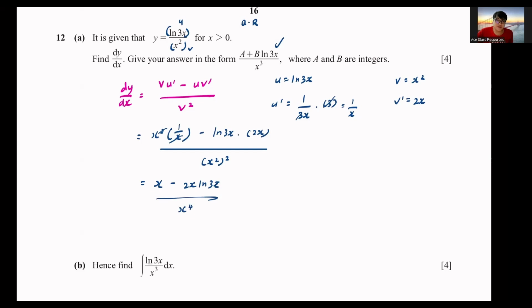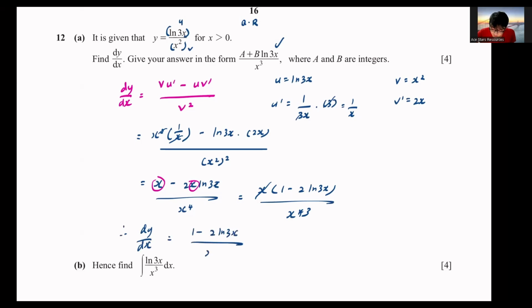Since you can still simplify further, take out the common factor x, which leaves you with x(1 minus 2 ln 3x) over x to the power of 4. Then cancel out, and dy over dx will be 1 minus 2 ln 3x over x to the power of 3.